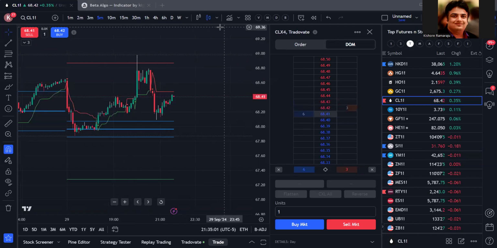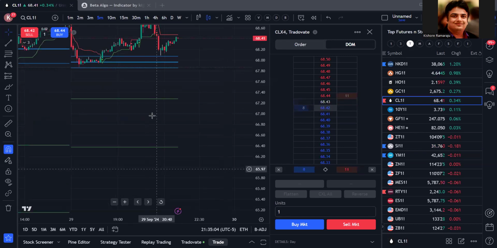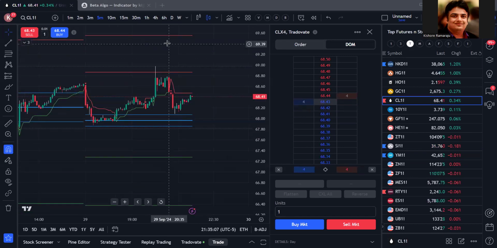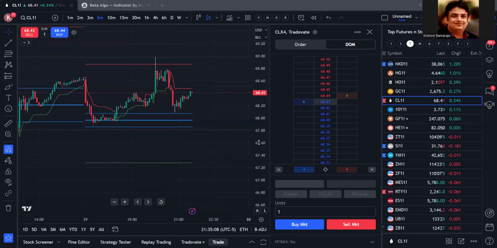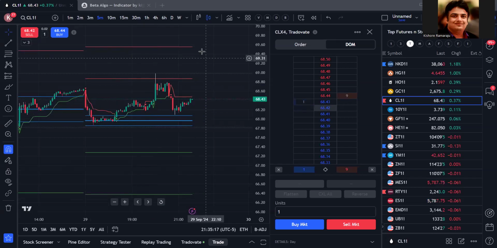Price goes here, it will bounce back. Those are the support and resistance lines. Green lines are support, red lines are resistance. As long as price is above the blue lines, the ticker is bullish. Always look for the buy opportunities.